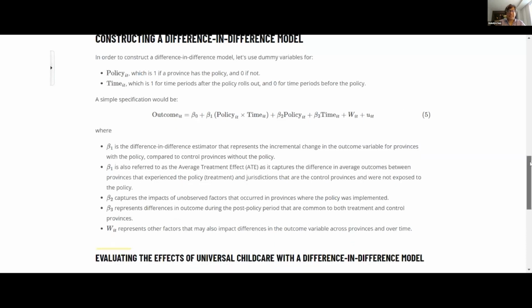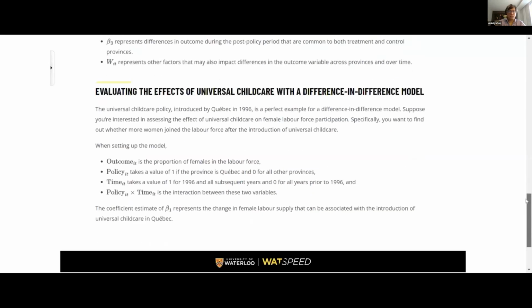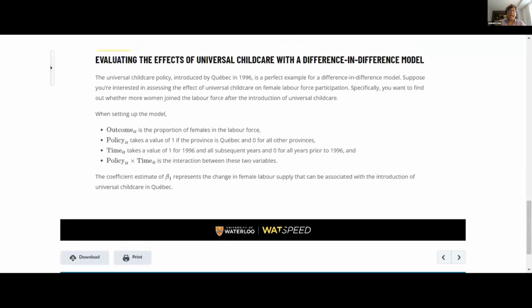And the best example is to look at what happened in Canada when Quebec introduced universal childcare in 1996.